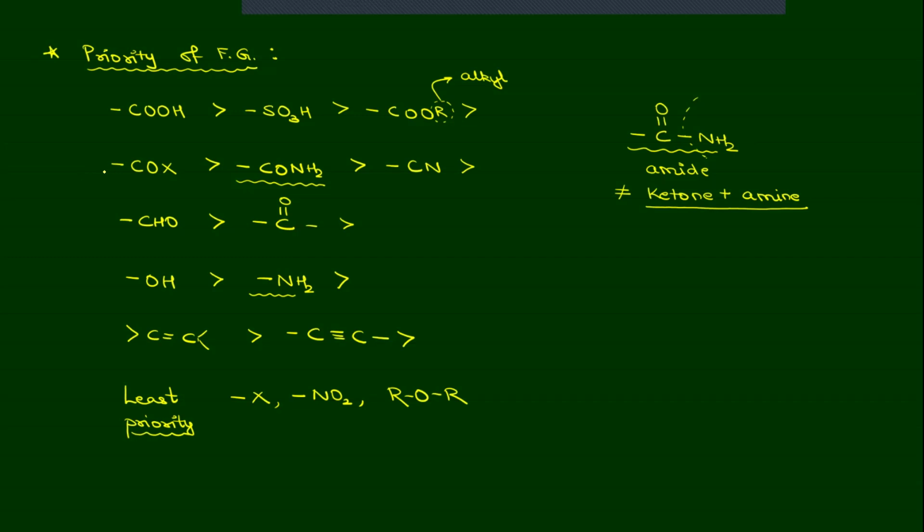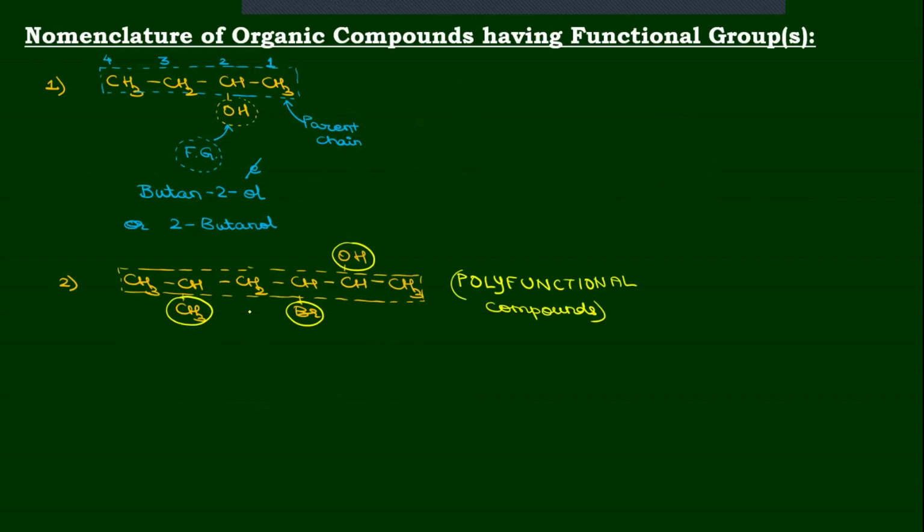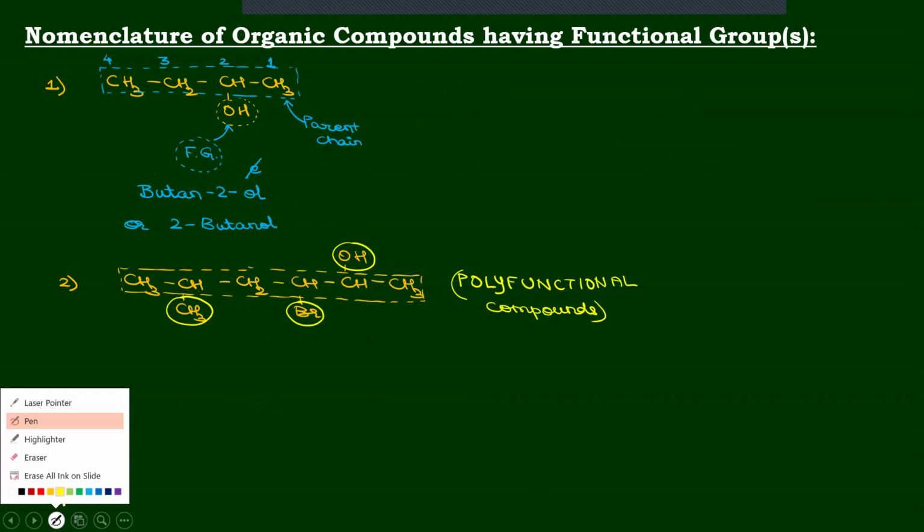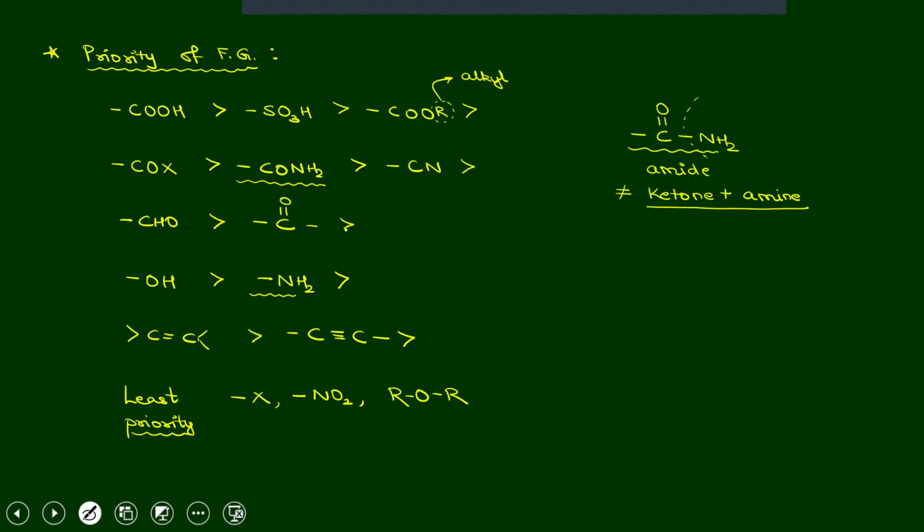How to apply that we are going to understand here. Let's go back to the previous example. This polyfunctional compound has two functional groups, one is a halide, other is alcohol. Refer to the priority order and tell me which gets the higher priority. Alcohol.